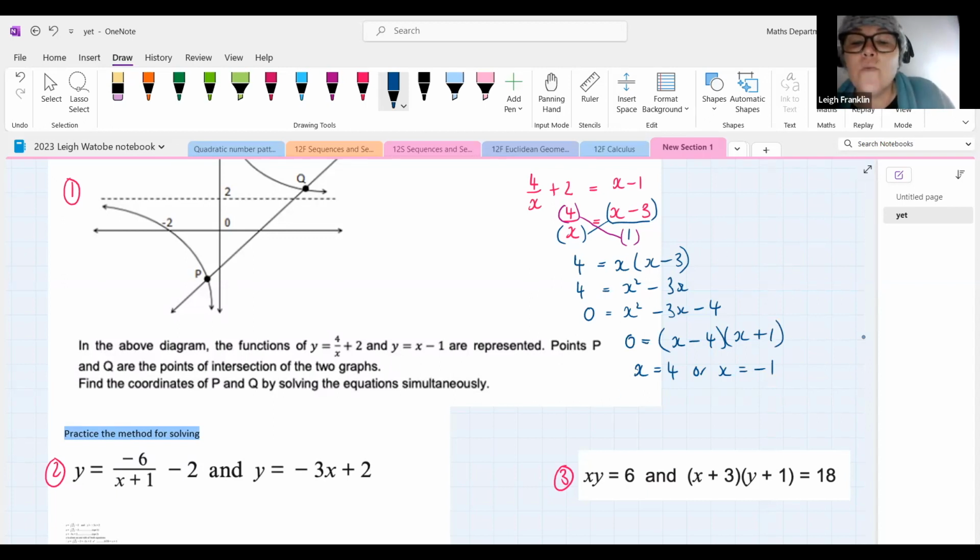As far as y is concerned, we would have had 4 minus 1, which would have given us 3, or y equals minus 1, so y would have been equal to minus 2.